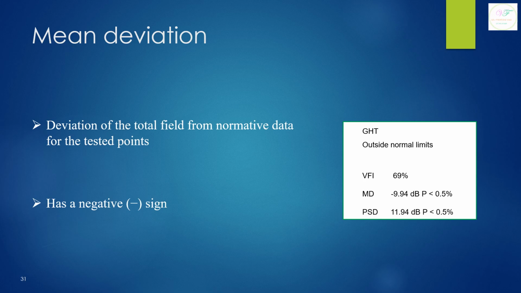Next comes the mean deviation. If you see the mean deviation, it is usually measured in negative terms, and it is the amount of deviation which is present in this patient away from the normative data. It is always given along with a p-value. Whenever it's given with a p-value, it is supposed to be significant.